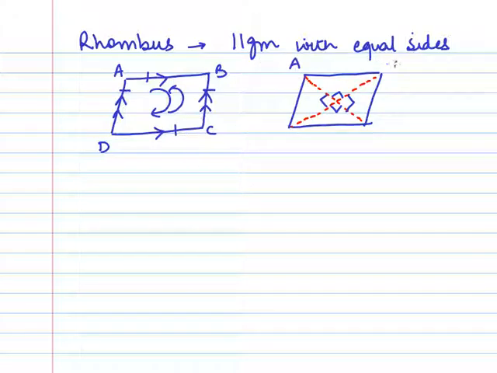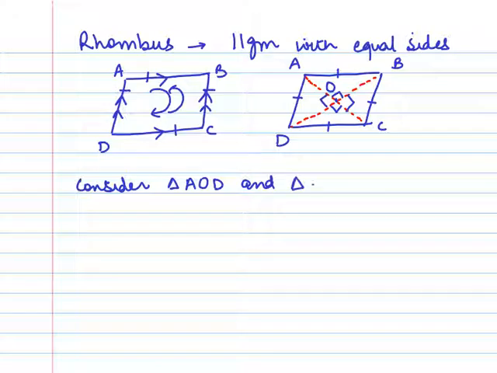A, B, C, D, so it has equal lengths. All four sides of a rhombus are equal. Let us consider this midpoint as O. Now consider triangle AOD and AOB.